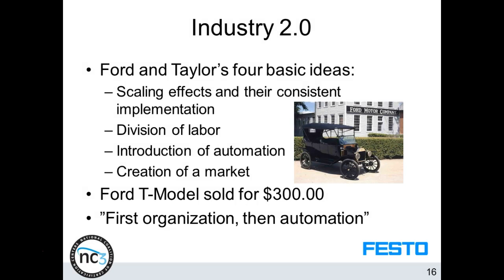So these are the four basic ideas that Ford and Taylor came up with. Scaling effects and their consistent implementation. Division of labor. Divide the labor up. So instead of bringing somebody in there and every one of them had to know everything about building a car, right? You understand? They divided it up, and then you become specialized. Now they're starting to get away from that a little bit.